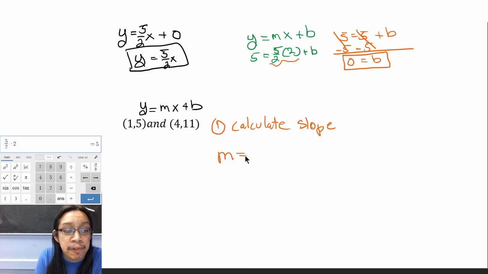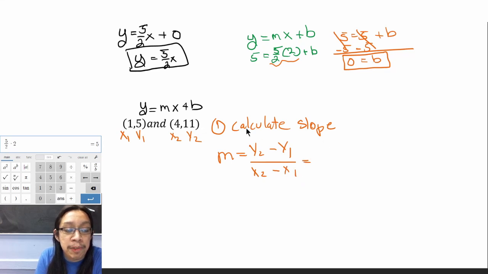So m is equal to, well, I think it would be a good idea again to label the points that you're working with: x1, y1, x2, y2. So m equals y2 minus y1 divided by x2 minus x1.